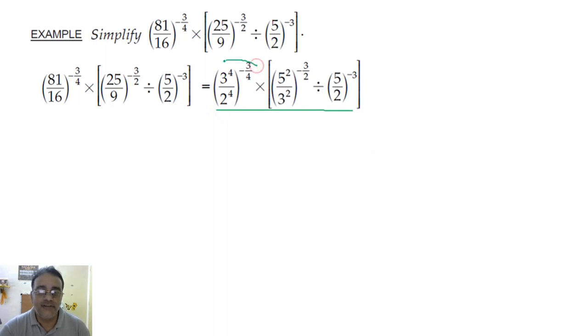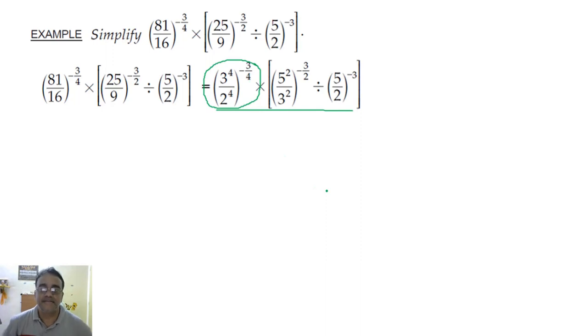Now for this we have to use one law. कौन सा law use करेंगे? Pranav Bisen. Sir, a to the power m upon b to the power m. पहले तो ये 4 निकालना है ना, you have to take 4 outside.